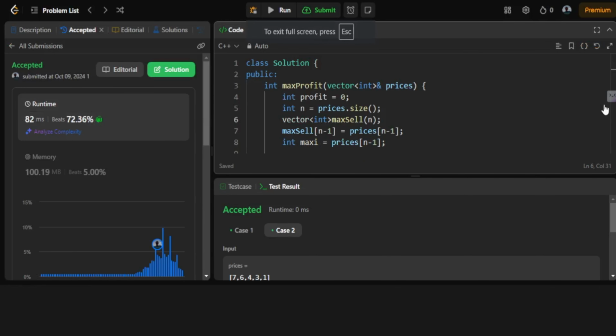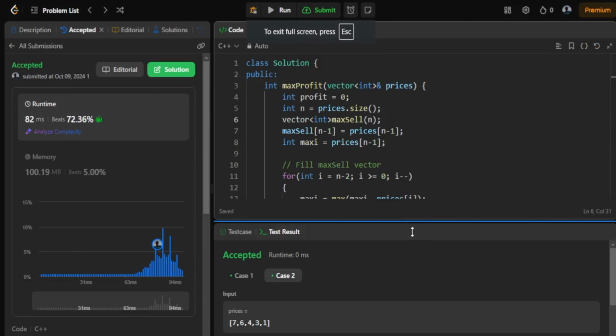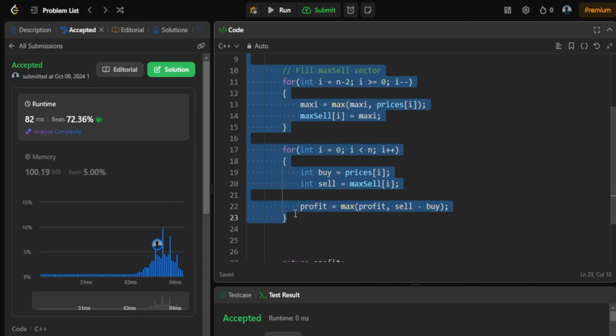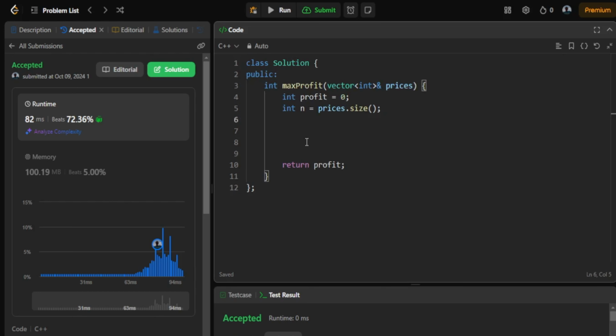So we are here in LeetCode. Let me delete all this. Now we need a variable named mini, which will store the value at the 0th index in our prices array, and then we will run a loop for int i equal to 1, i lesser than n, i plus plus.